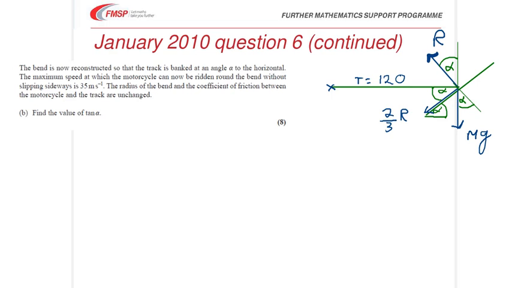So resolving, as usual in horizontal circular motion questions, we resolve vertically and horizontally towards the center of the circle. Vertically, we get R cos alpha equals mg plus 2/3 R sine alpha.